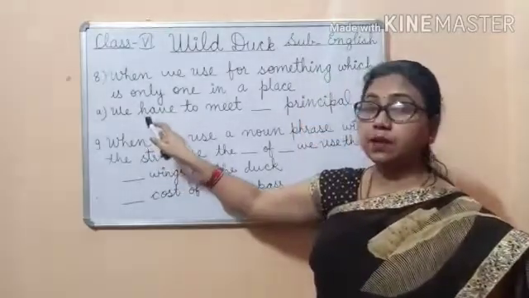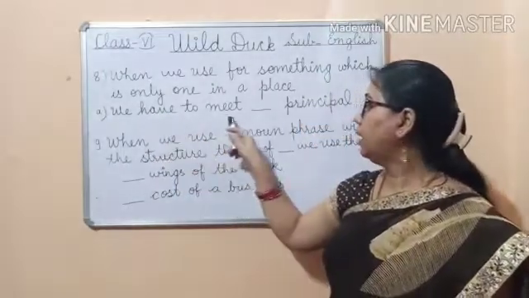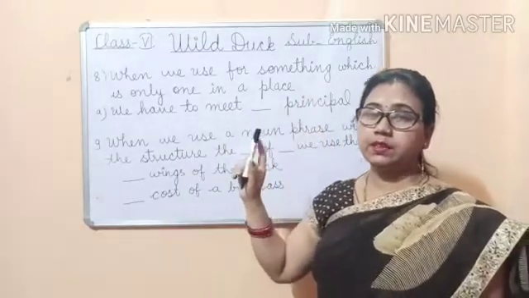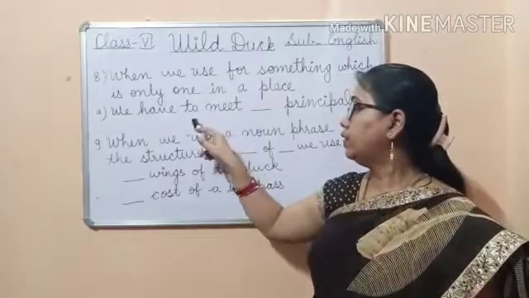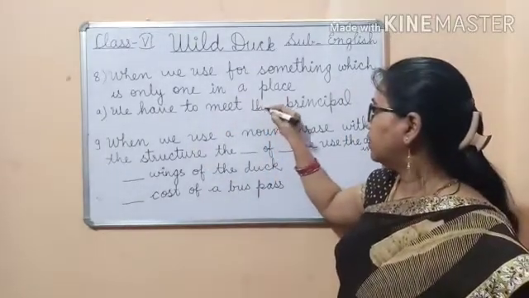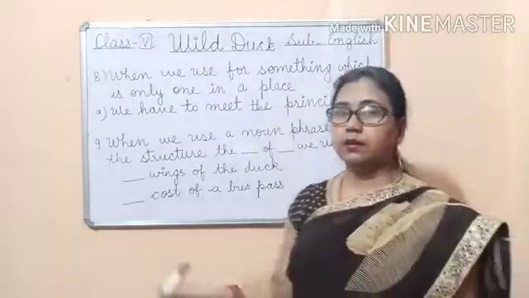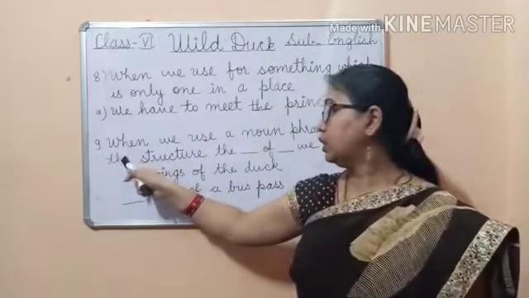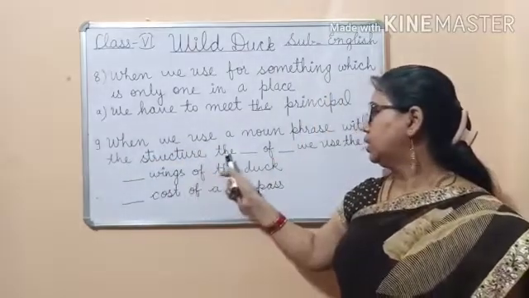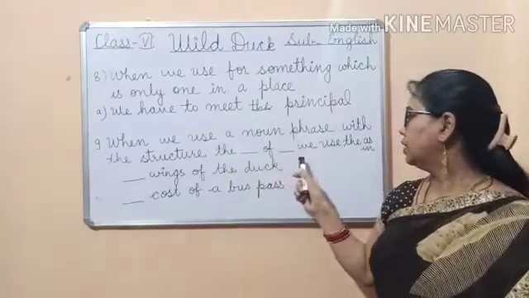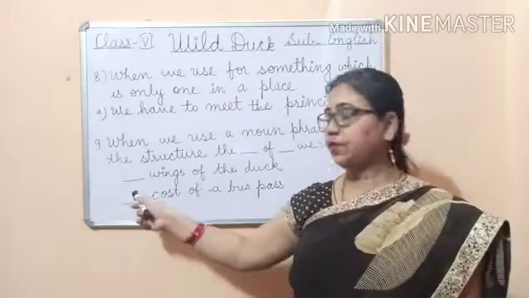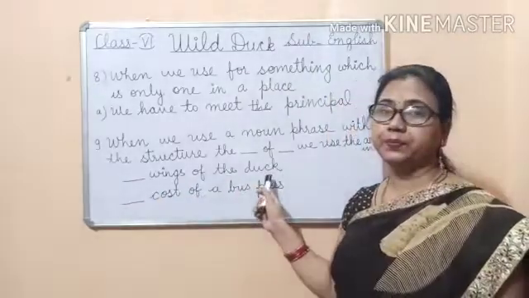So in this example we have to meet dash principal. In the school only one principal is there, so we will use here "the principal". We use "the" when we use a noun phrase with the structure "the dash of dash", as in dash wings of the duck.